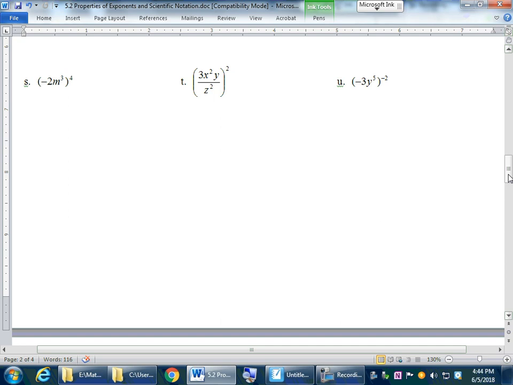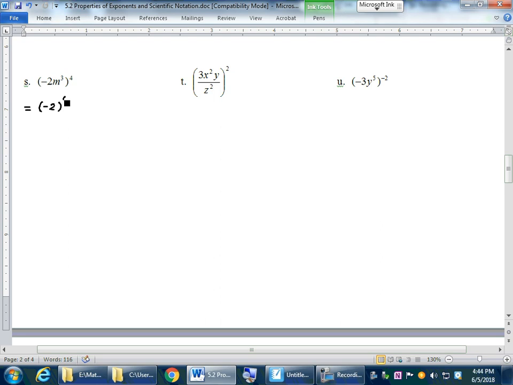Example S. So notice that the base of this exponent 4 is a product, because we have a negative 2 times m to the 3rd power. So according to property number 4, the exponent can apply to each factor in the base.